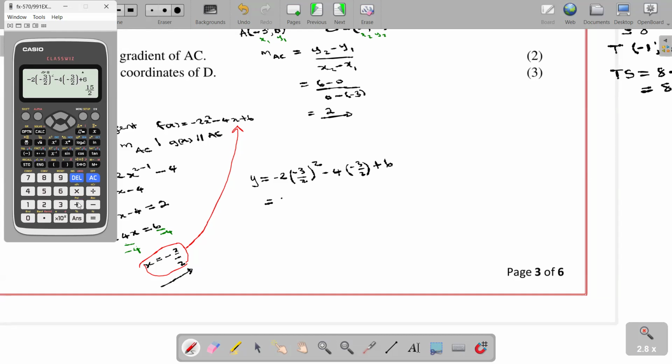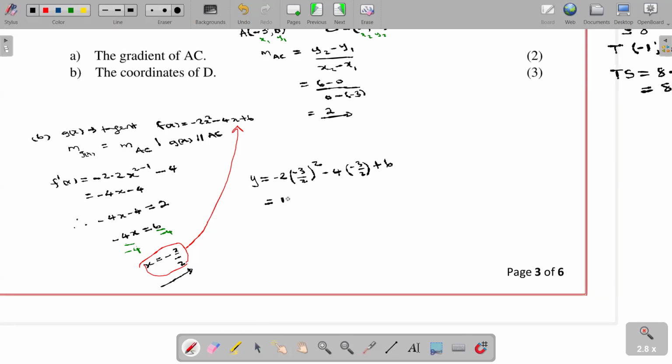So our answer is 15 over 2. So here, our y is going to be 15 over 2.